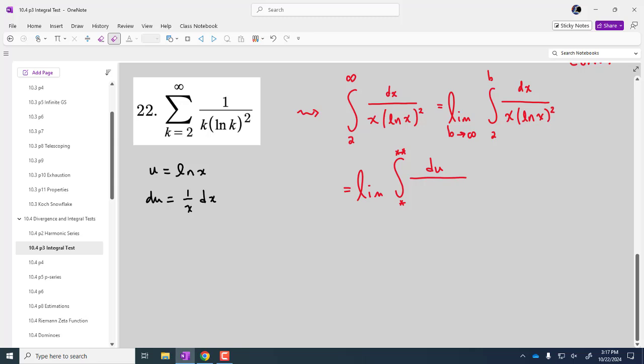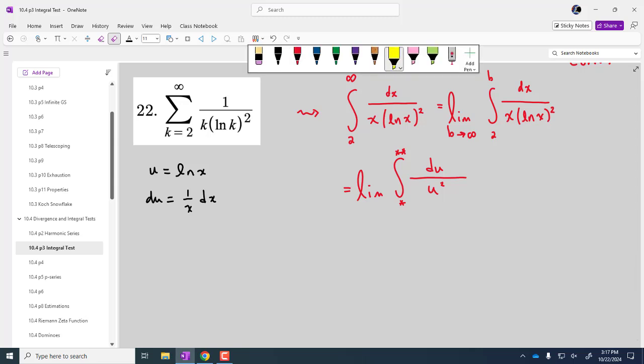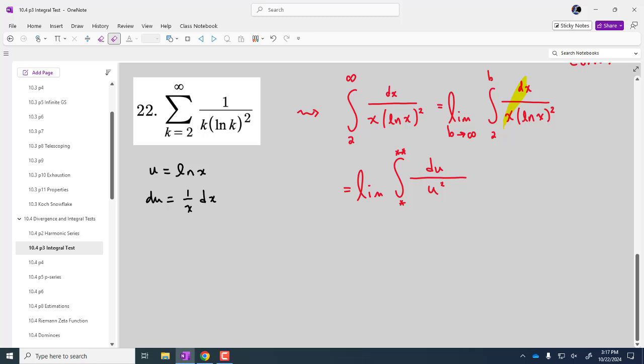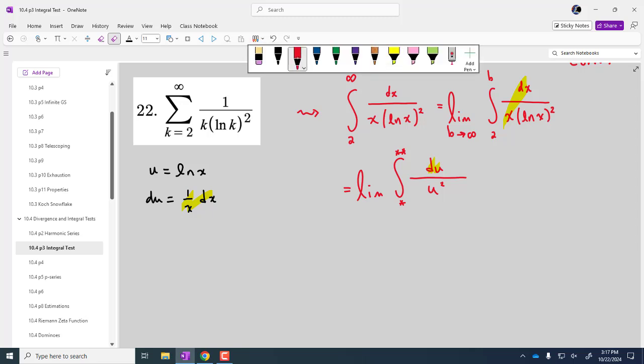So that's that whole part. And then what else goes in the denominator? u squared, right? Natural log of x is going to be u, so that'll be a u squared. And everybody's seen that the dx over x right there is becoming du. Cancel the x's and you're left with du. Then we integrate.